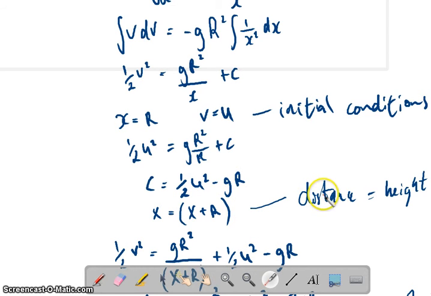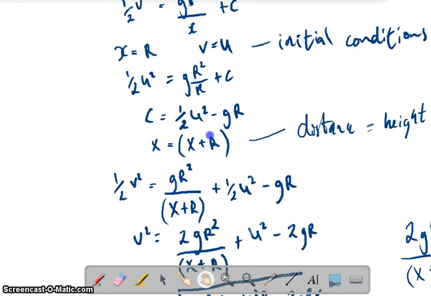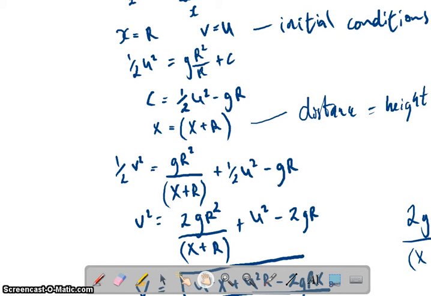Now the distance I'm going to use as x is equal to the height plus the radius. Okay, so height capital X, distance x. And you'll notice with my beautiful handwriting they're very, very different. I'm just going to try and accentuate that a little bit for you.